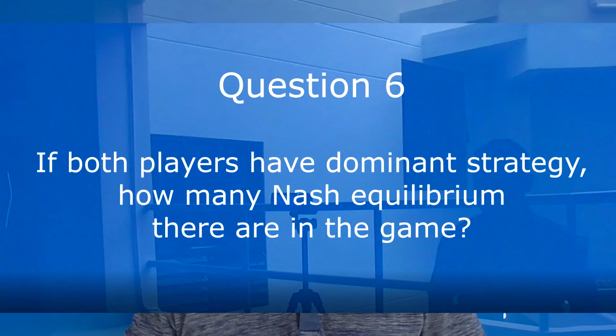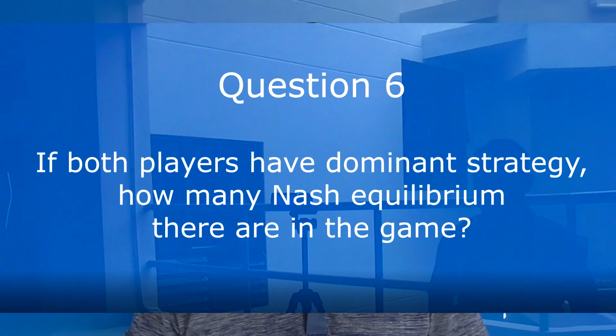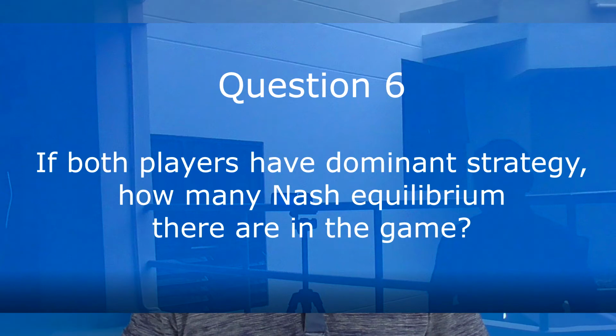Question number 6. If both players have dominant strategy, therefore, how many Nash equilibrium are there in the game?